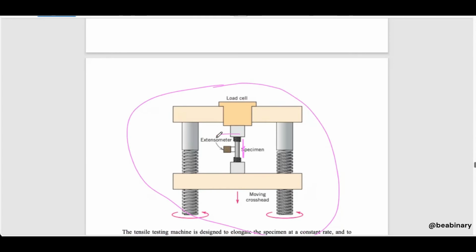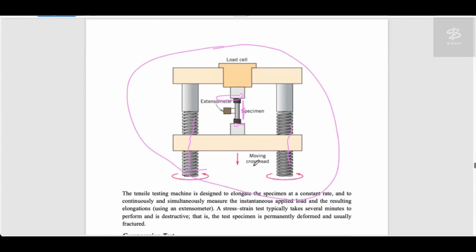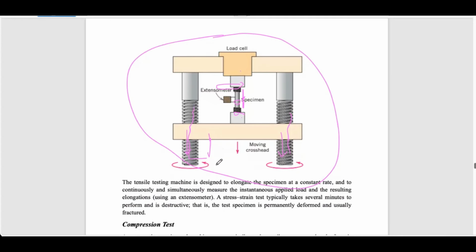This is the holder, and this particular spring is also shown here. Once everything is set perfectly, the machine will start and try to pull the rod. Obviously one end is fixed, so you are basically pulling this particular specimen this way. So this is basically the test.